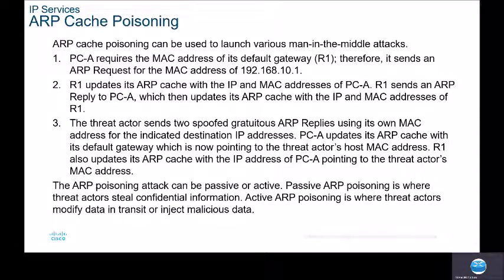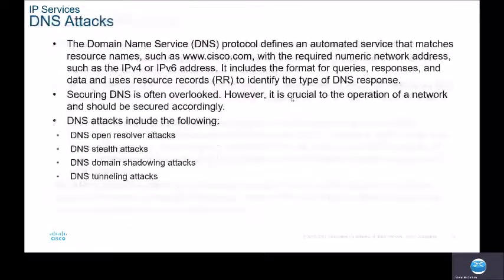PCA updates its ARP cache with its default gateway, which is now pointing to the threat actor's host MAC address. R1 also updates its ARP cache with the IP address of PCA pointing to the threat actor's MAC address. The ARP poisoning attack can be passive or active. Passive ARP poisoning is where threat actors steal confidential information. Active ARP poisoning is where threat actors modify data in transit or inject malicious data.